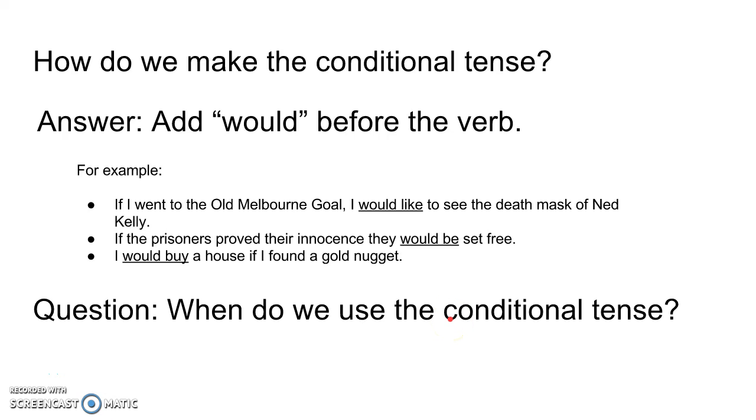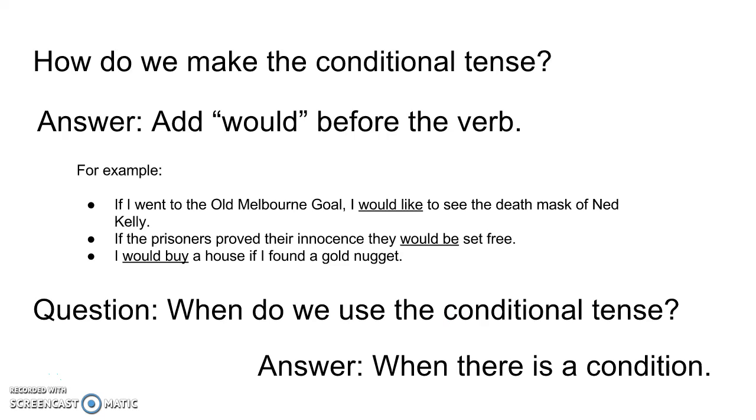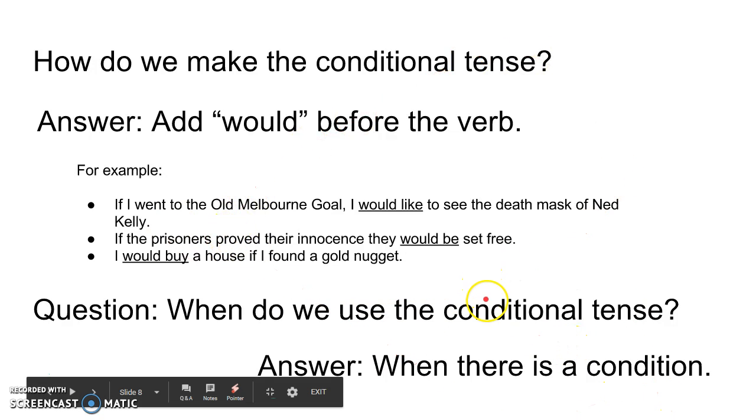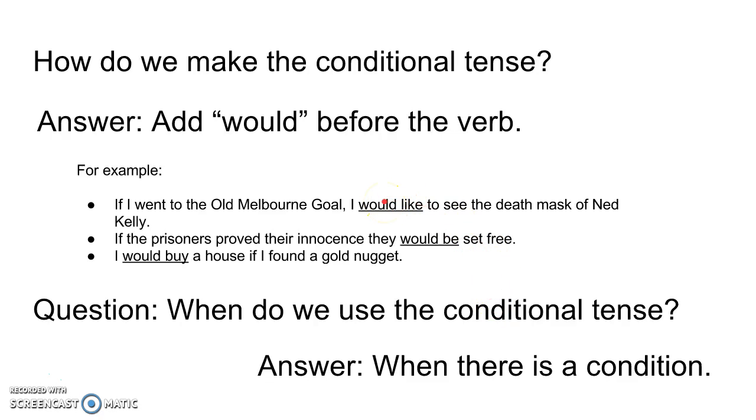But for now, when do we use the conditional tense? I'll let you think about this. When there is a condition. So here, if this happened, that would be the condition. If this occurred, this would be the condition. We can see here how there is a condition, and we use the conditional tense to mention that there is a condition.